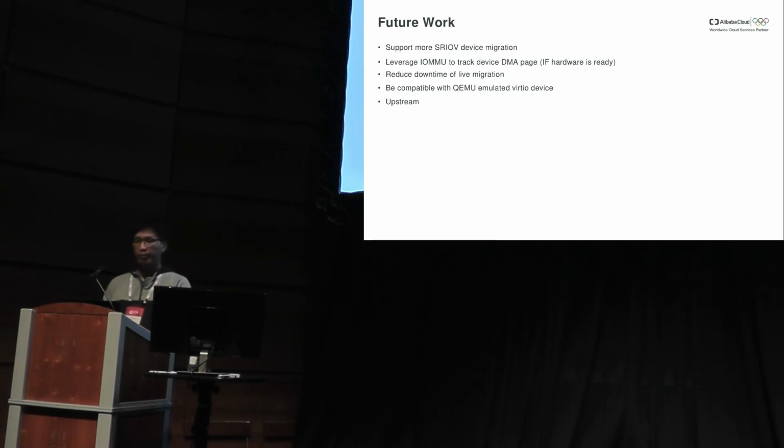Also, it should be compatible with a QEMU emulated device without the hardware device. It's interesting, but I hope I can discuss this next year if the QEMU Open Forum accepts my topic. So far, RAM migration is always between the same device, the same virtual device.